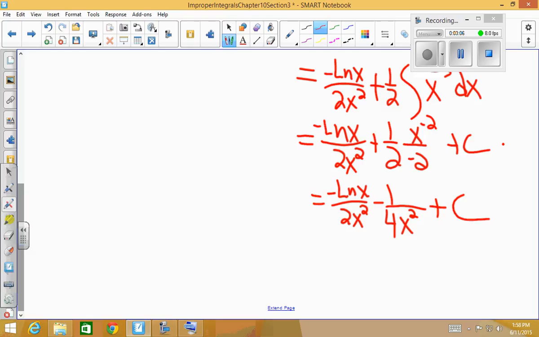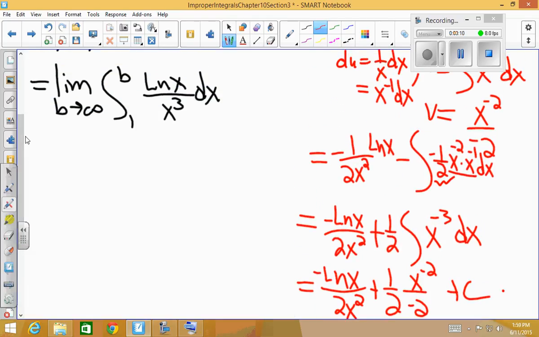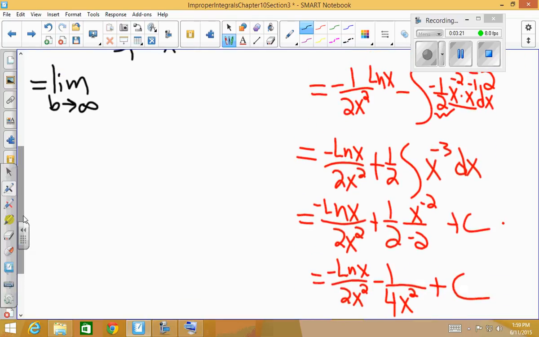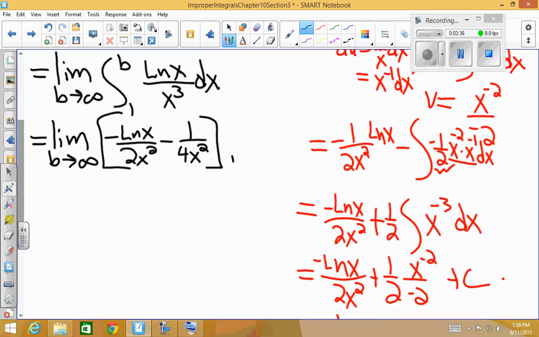We can use that in our limit here. So this becomes the limit as b goes to infinity of that antiderivative, which is negative natural log of x over 2x squared minus 1 over 4x squared, evaluated from 1 to b.